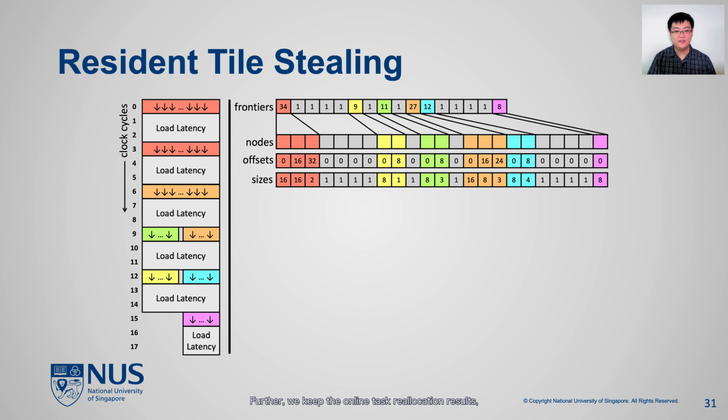Further, we keep the online task relocation resource, that is, the tiled partitions of a frontier, in the GPU's device memory as a running context of an auxiliary structure. Hence, when we revisit the out-degrees of a certain node, there is no need to arrange them dynamically again.